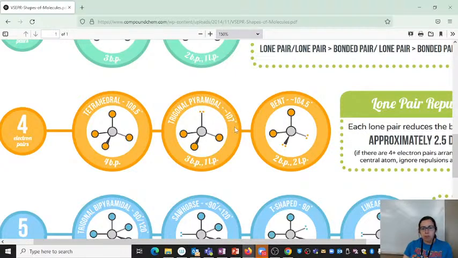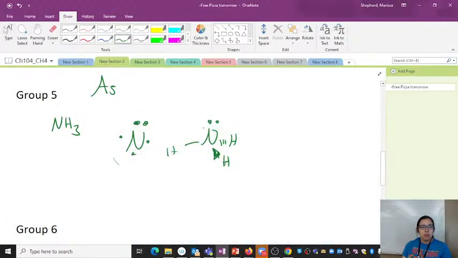If you notice, your bond angle is also a little bit smaller. Those lone pairs occupy more space than just an atom, so they have greater repulsion. That means this bond angle is a little bit smaller compared to your normal tetrahedral. So this is about 107 degrees now.